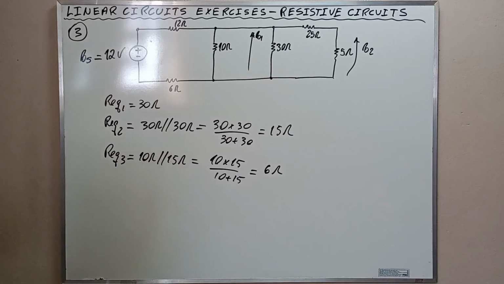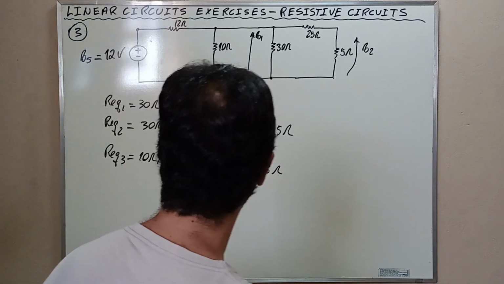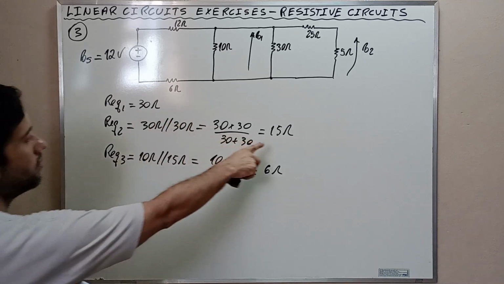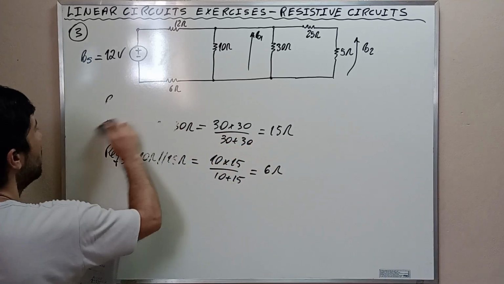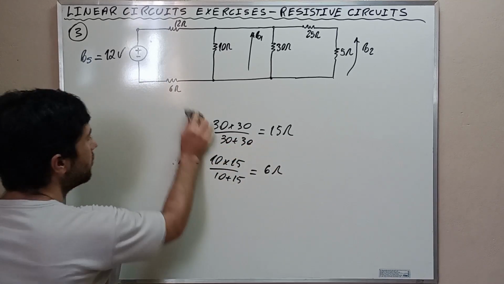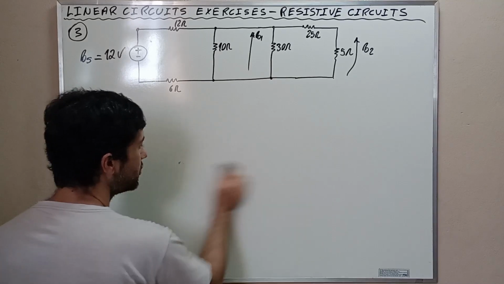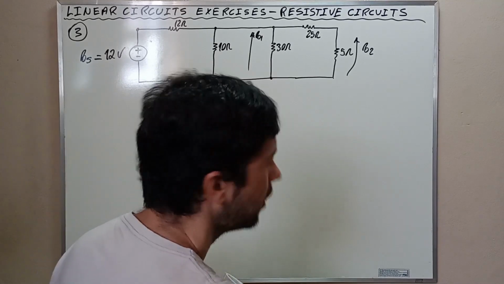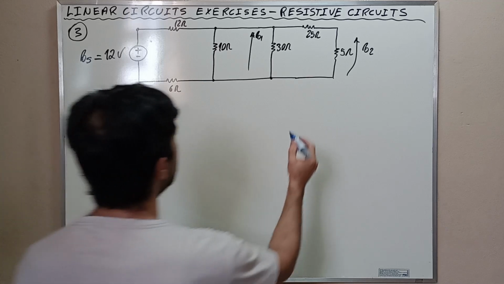Okay, my friends, now we have reduced the circuit to something that is easier to work with. Let's remember this, and we are going to rewrite the circuit in a simpler way. The circuit is going to be this.